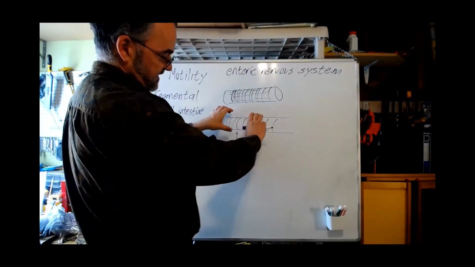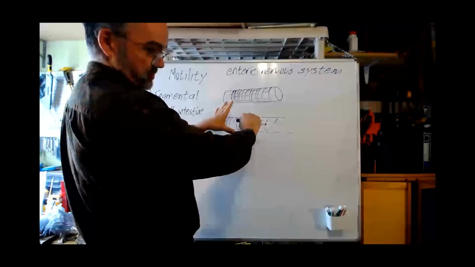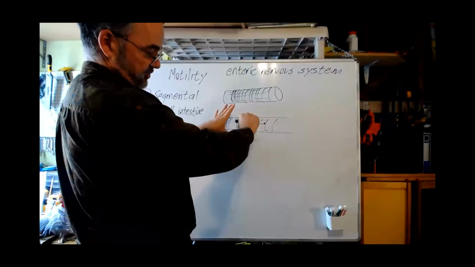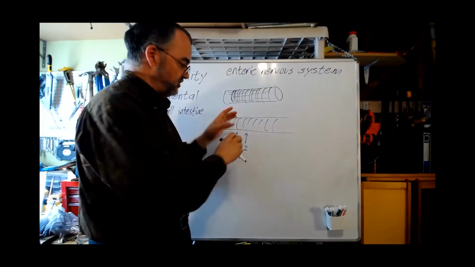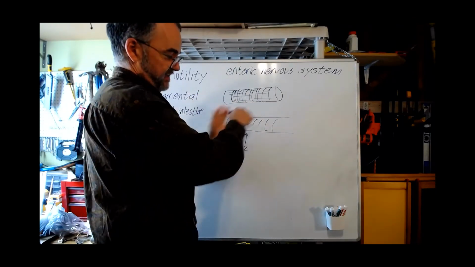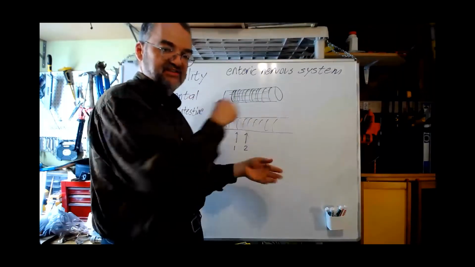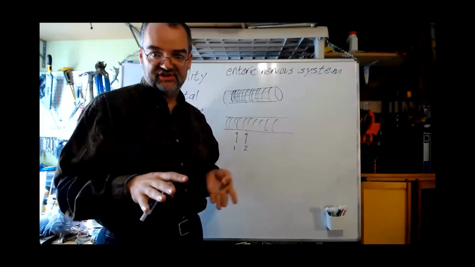And what you're going to get is an alternating contraction, where you get 1, then 2, then 1, then 2, then 1, then 2. What that's going to do is squish the food over here and then squish it back and back and back and get this churning, mixing motion where really you're just sloshing the partially digested food around.